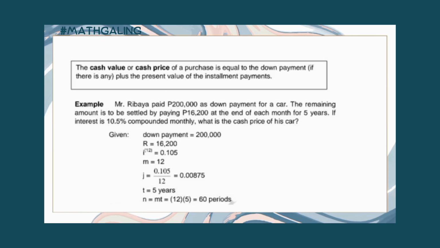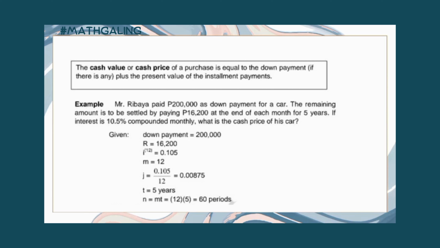So we have here the givens. Mr. Ribaye paid 200,000 pesos as the down payment for a car. R, the regular or periodic payment, is equal to 16,200, and the interest rate per annum, or i raised to 12, is equal to 0.105, since the interest is 10.5% compounded monthly, converted to decimal.